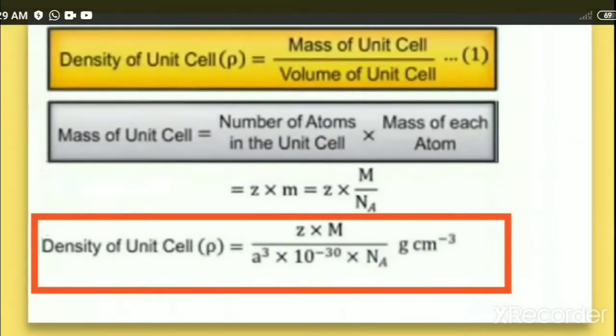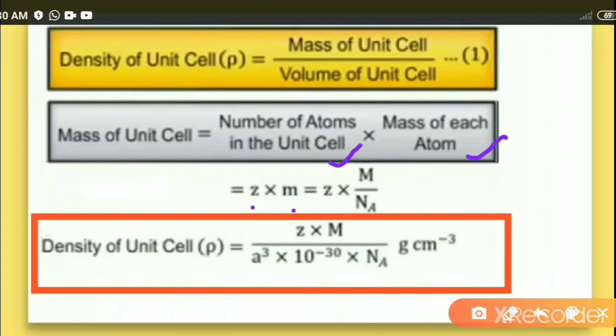So what is the formula for mass of the unit cell? The mass of the unit cell is the product of the number of atoms in the unit cell, represented by Z, and the mass of each atom, small m.